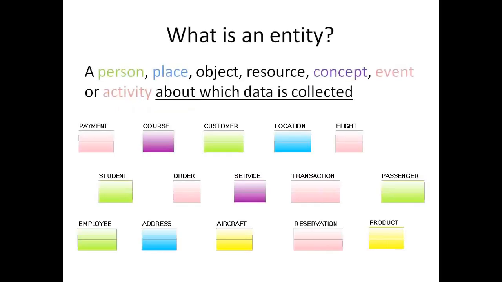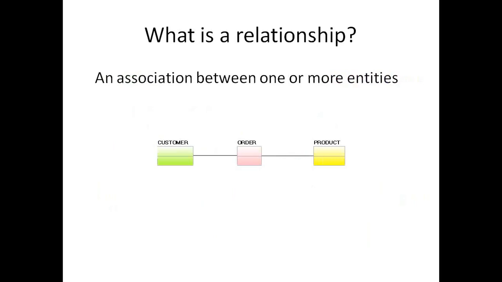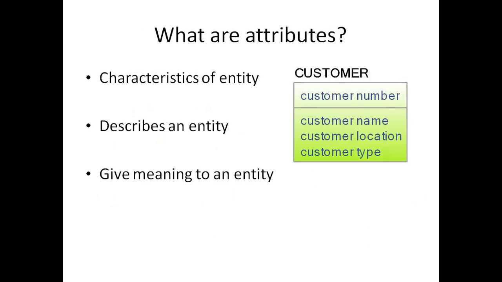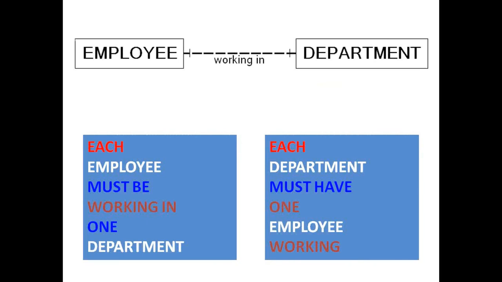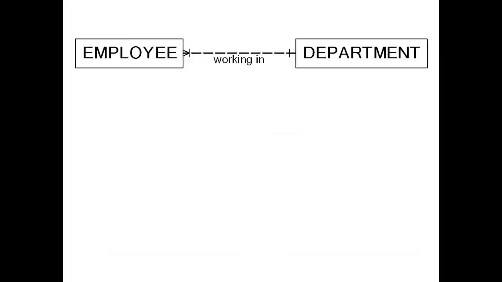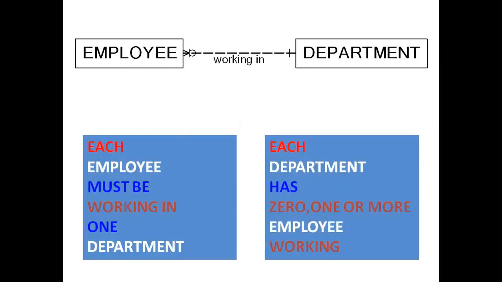And we discussed what is an entity, what are relationships, what are attributes, and what's the purpose of attributes. Then we used this simple example to learn different symbols used in information engineering.